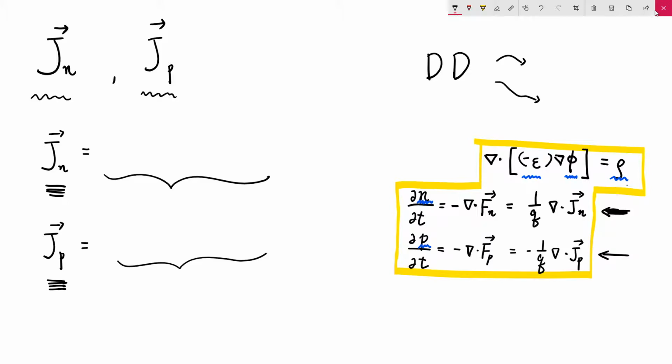Therefore we still have some room to introduce a different form of J sub n and J sub p.